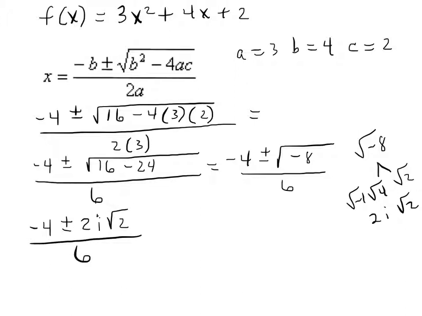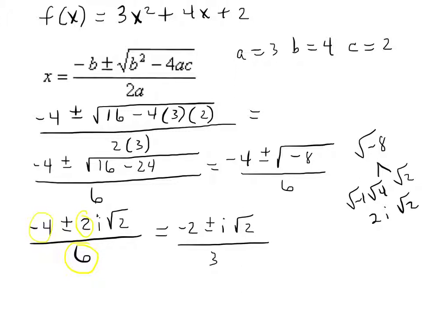Again, this particular problem can be simplified because the negative 4, the 2, and the 6 are all divisible by 2. So I'm going to simplify this by dividing all these yellow circled ones by 2, to negative 2 plus or minus i radical 2 all divided by 3.